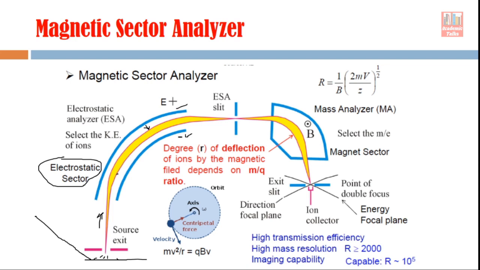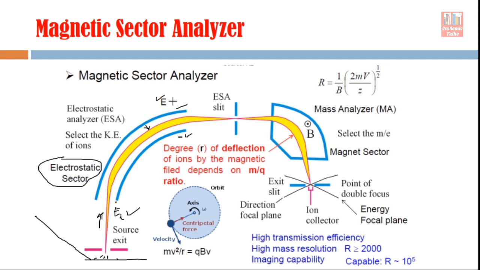They will try to follow the path shown by this electrostatic sector. Now, how much bending there is depends on this electric field, and it also depends on the initial kinetic energy of the ions, right? Now, only those ions will be able to cross this electrostatic sector which have a suitable initial energy, right?